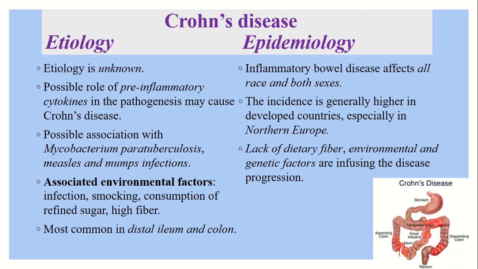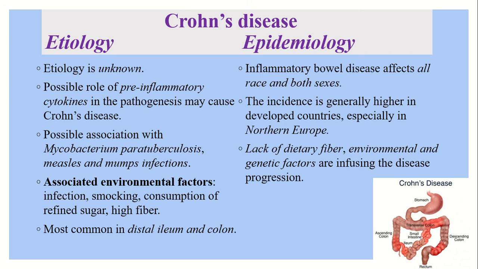I would like to say that for Crohn's disease they now mainly consider two etiological factors. First, the immune pathway, and second, infections, as I said, Mycobacterium paratuberculosis, measles, and mumps, which they also consider viral infections.